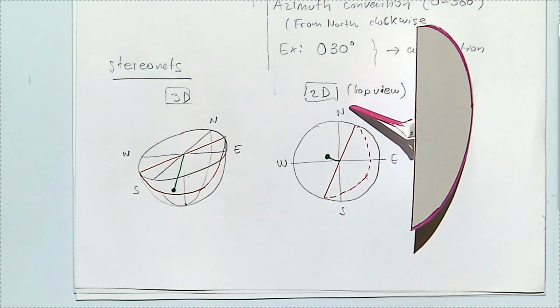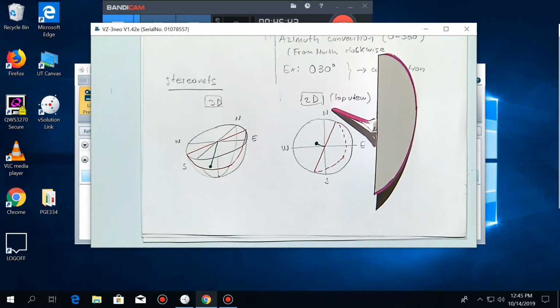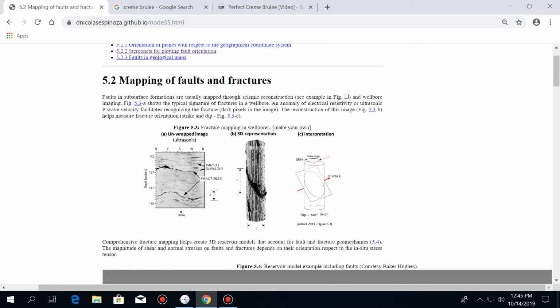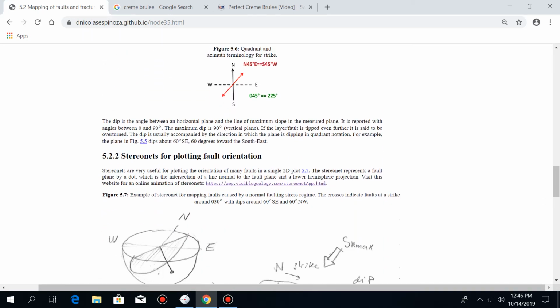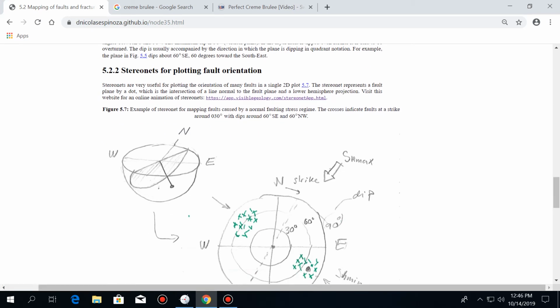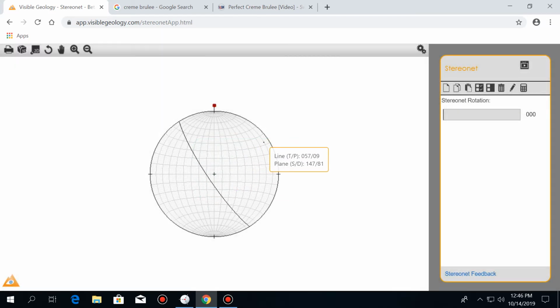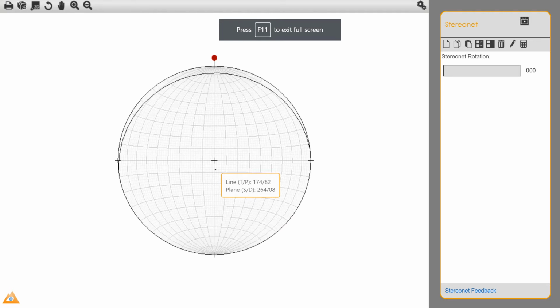All right. So you can use that toy, or also you can use another thing, which I have somewhere over here, which is, let's find it. Okay. It's an animation in which you can add points to this stereonet. So this is the stereonet projection. Let me make it bigger.